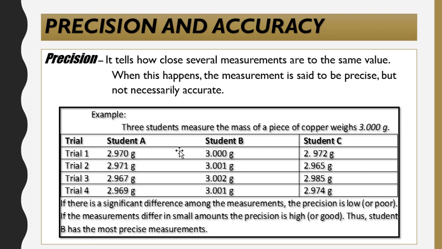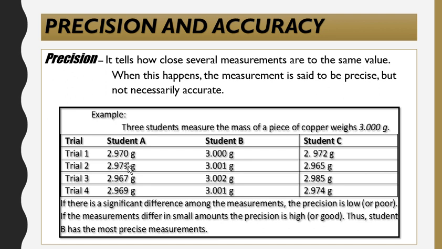So again, if we look at student A, trials 1, 2, 3, and 4: 2.970, then the second is 2.971, 2.967. If we look at the measurements of student A, the precision is low, right? Because there are significant differences.